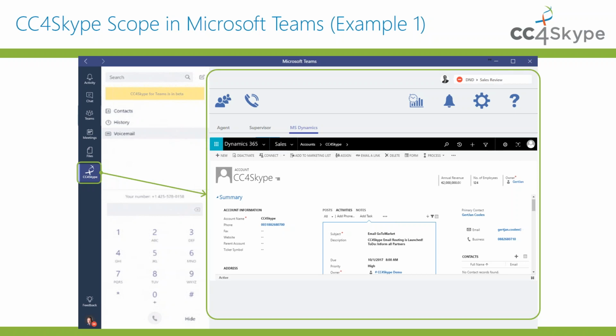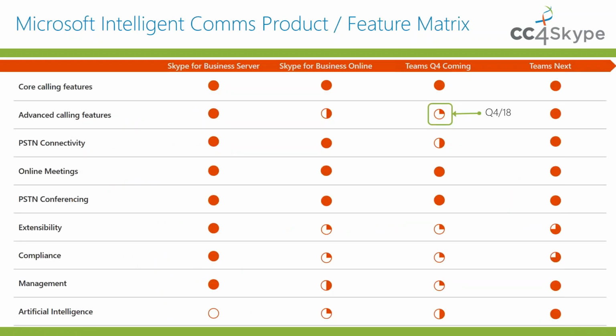Of course, today the developer APIs are not yet available or have limited functionalities, but Microsoft announced that Teams will become available in Q4 of 2018. And they said at Ignite that Microsoft Teams will have the same functionality as Skype for Business Online today. So next year, in Q4, Teams should be able to provide the calling features of Skype for Business Online.